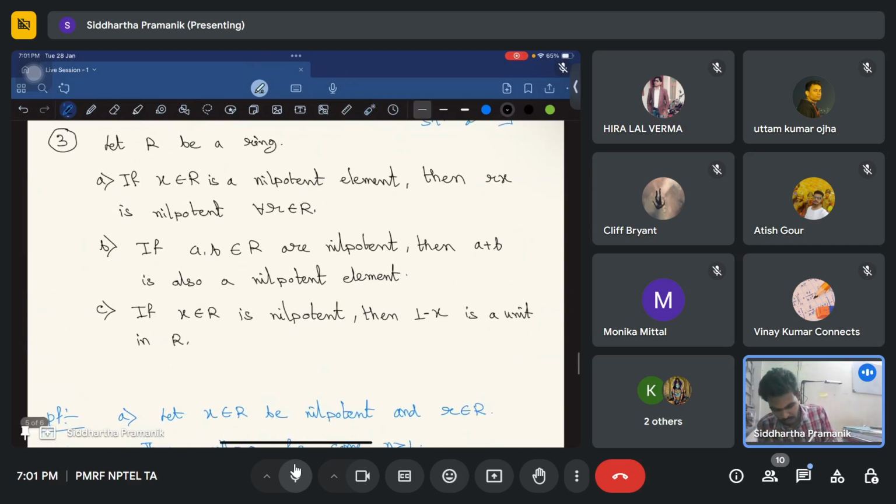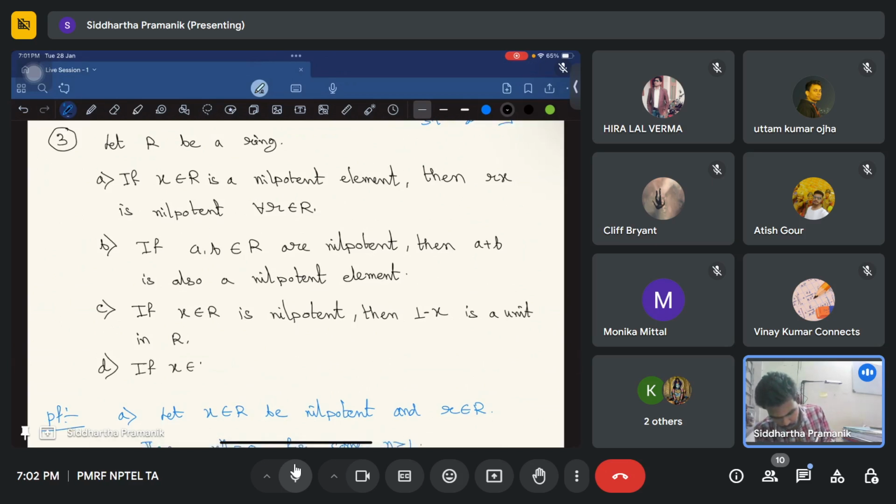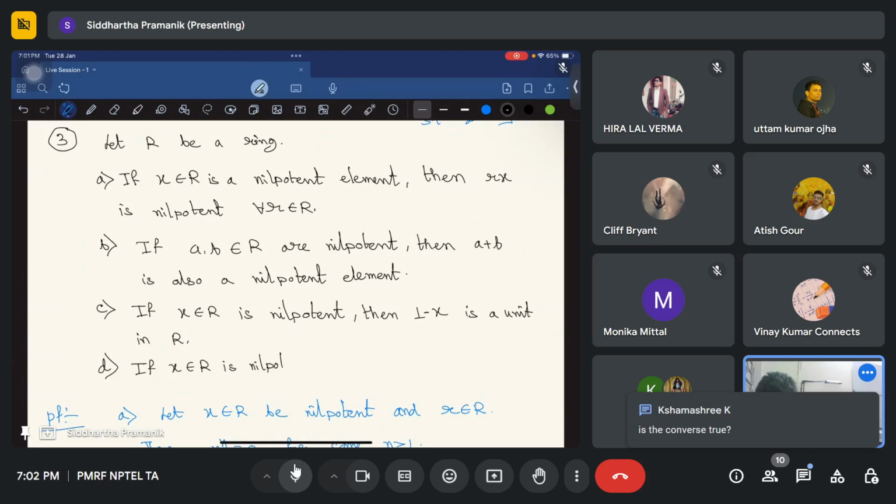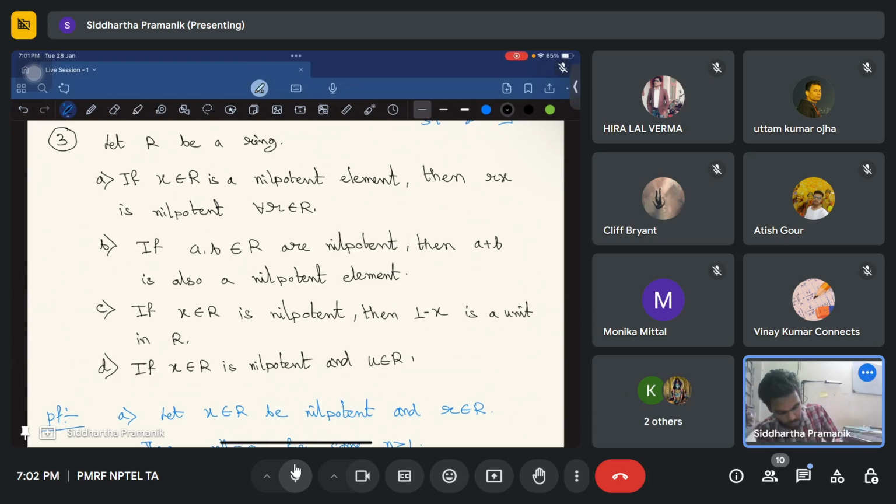Now the fourth statement, let's take it as D. So if x belongs to R is nilpotent, and let's say u belongs to R is a unit, then their sum u plus x is also a unit.